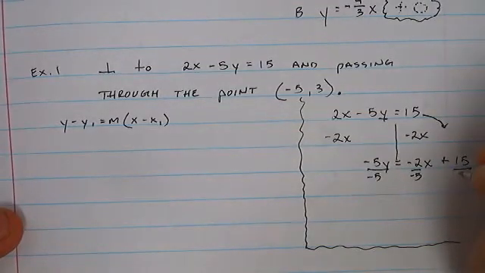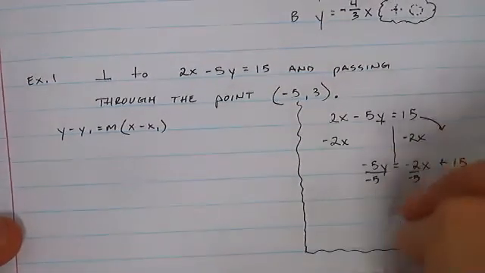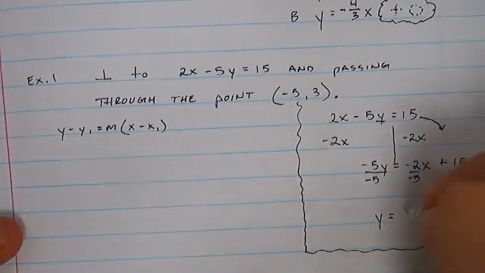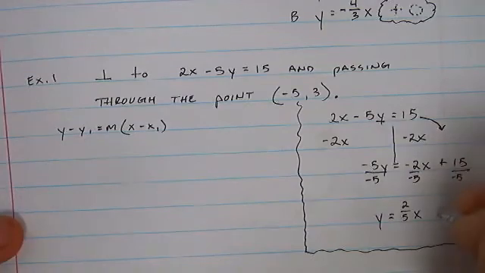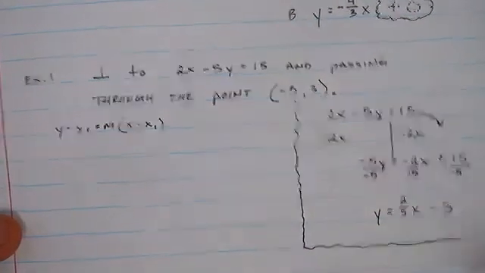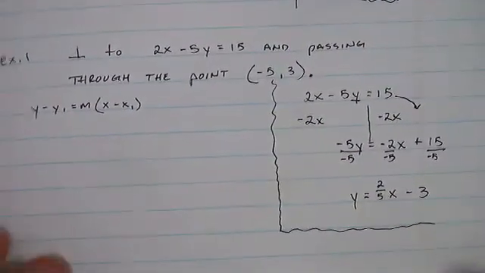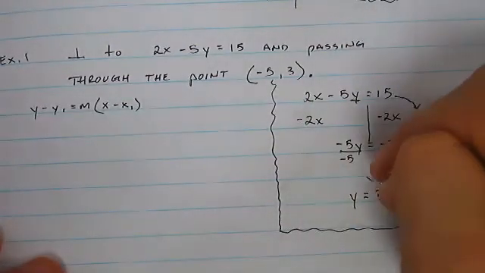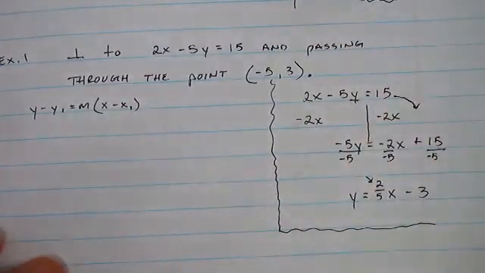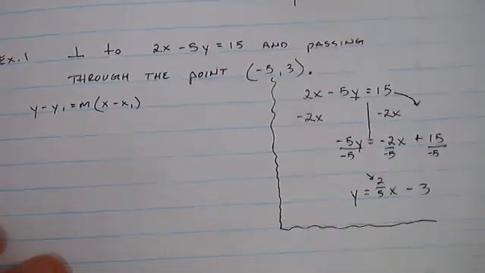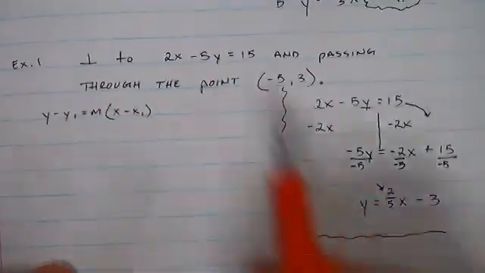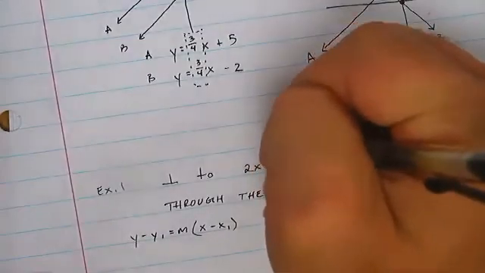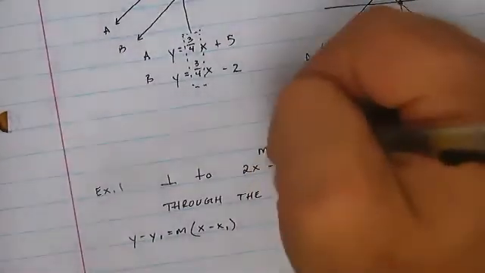All right, so what do I end up with? Well, y equals positive 2/5 x minus 3, okay? Which is good, right? I've now got an indicator of slope. All right, so that is my slope of this line. My slope here is identified now as 2/5.